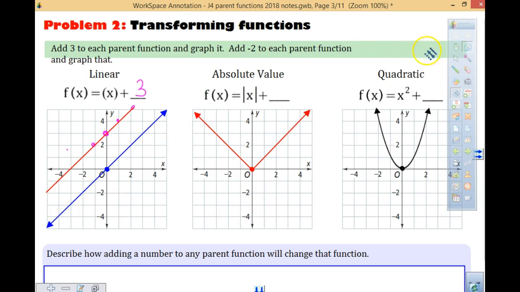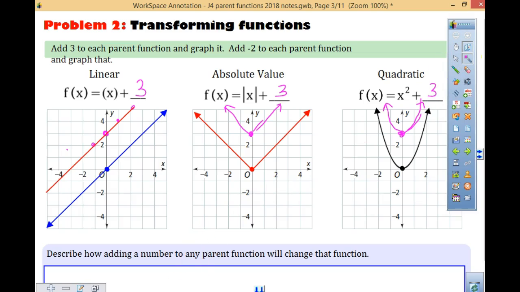So now I'm going to do my next function, which was to add 3. So that moves it up 3. My slope doesn't change, right? And when I do my quadratic with +3, some of you are struggling with how do I find the vertex when it's +3? These are the easy ones, right? You just go 0 and then it is +3. So it's that same curve going to one, same width that we are looking at.